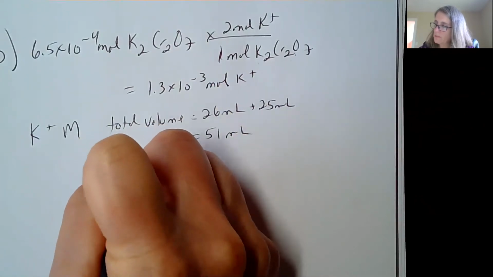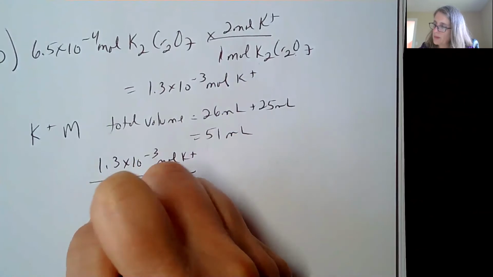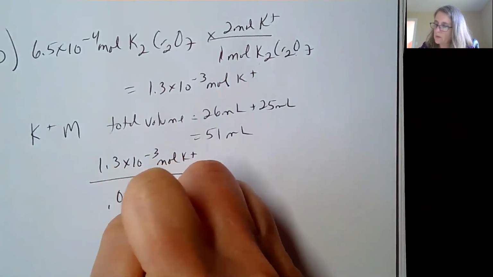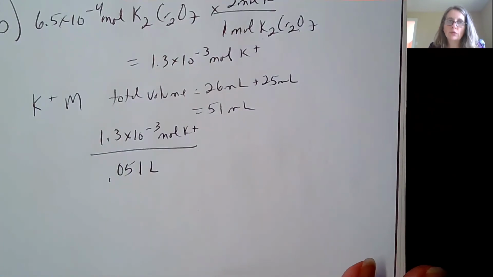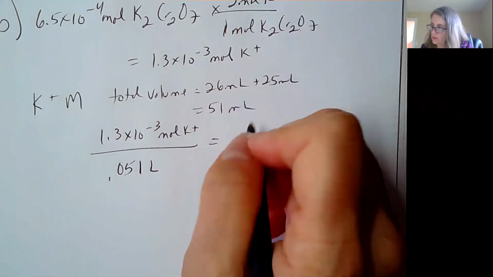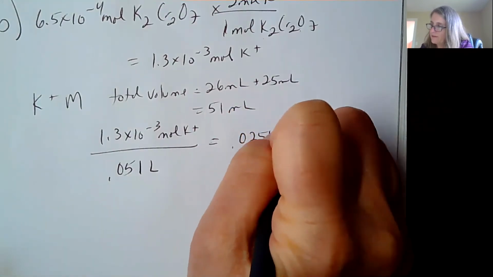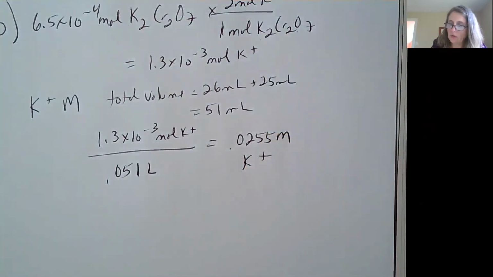So I'm going to take my moles of potassium and divide it by the new volume, which is 0.051 liters. So that gives you 0.0255 molarity for the potassium ion in solution.